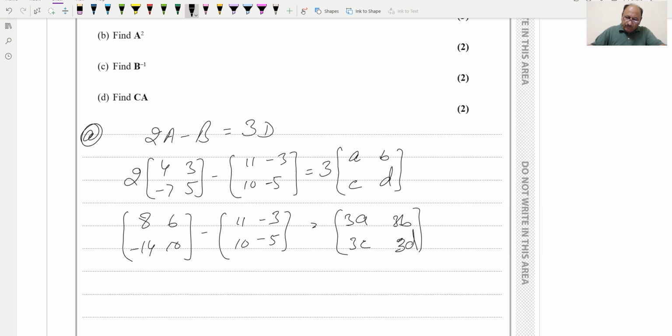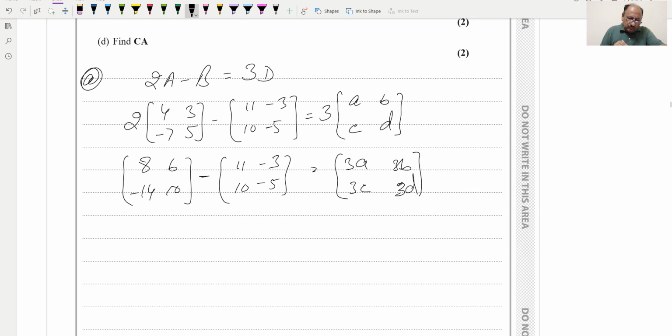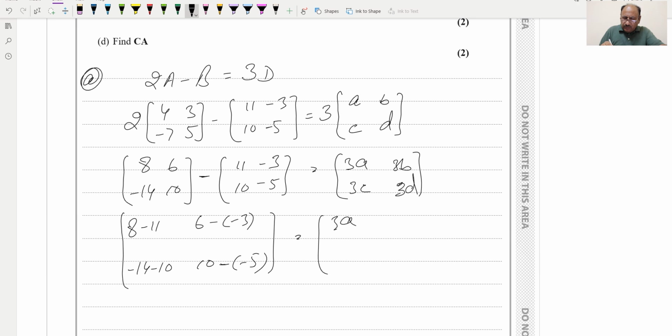Now we can subtract these two matrices. We will write 8 minus 11, minus 14 minus 10, 6 minus minus 3 and 10 minus minus 5, equal to 3A, 3B, 3C and 3D.